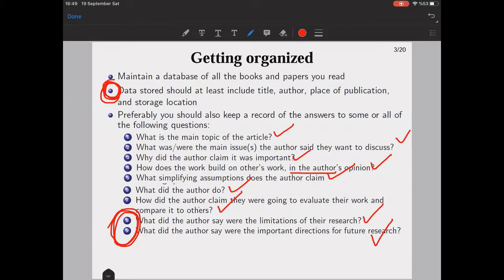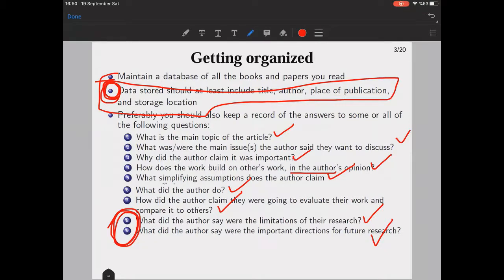So get them organized in a few pages for each paper so that you will have a really good time later while you're writing your thesis. Otherwise, if you have only a simple database like this, you will most probably forget what you have read in a few months, and you need to reread them again and again.